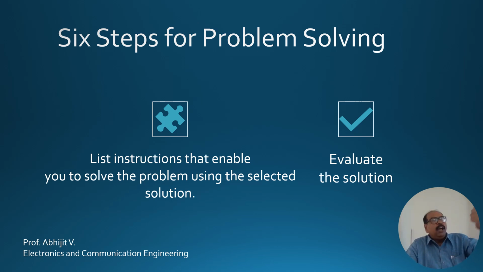And finally, the fifth one, we have made out the steps through which we are going to solve using the best method. And the last one is, after you have done all this, we have to check how good our solution is. That is evaluating the solution, the last step towards solving a problem.